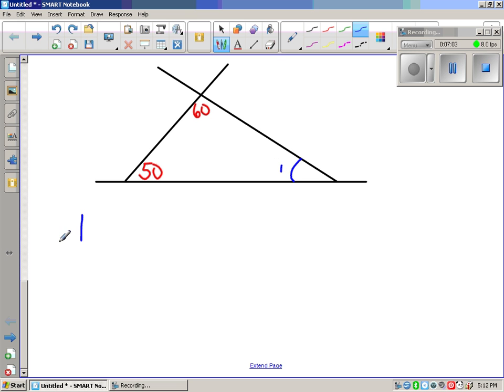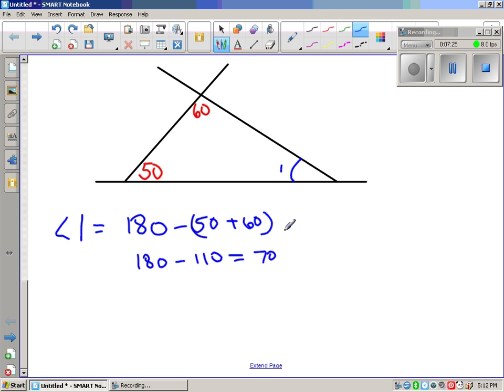So angle 1 is going to be equal to 180, because all the three angles in a triangle are 180, minus (50 plus 60). So that's 180 minus 110 is equal to 70 degrees.